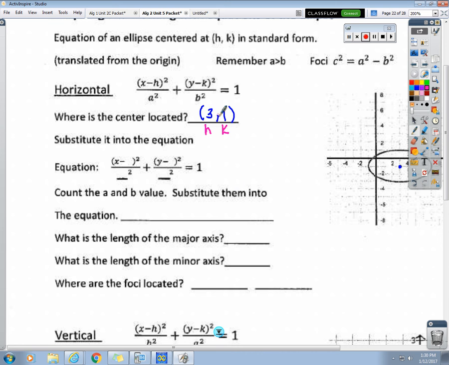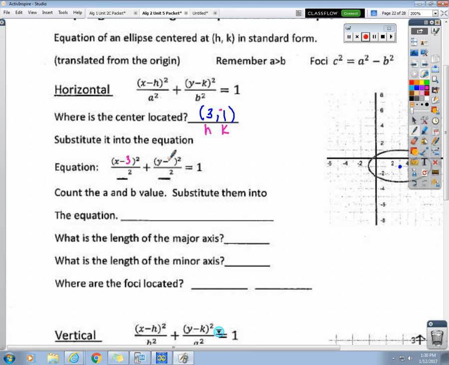Remember in the equation, the h goes with the x, the k goes with the y. So when you start filling these in, it'll be x minus your h value, which is 3, and then y minus your k value, which is negative 1.